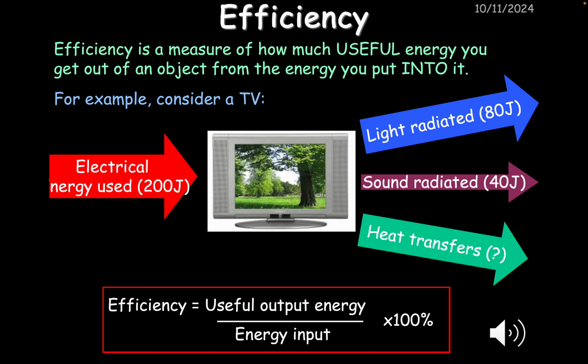So the useful output would be 80 plus 40, 120, divided by 200. If you want to work it out as a percentage, you multiply by 100, and that'd be 120 out of 200, so that's 60%. So that's how you work out the efficiency. Okay, obviously you don't want the heat, it's going to go into the surroundings.